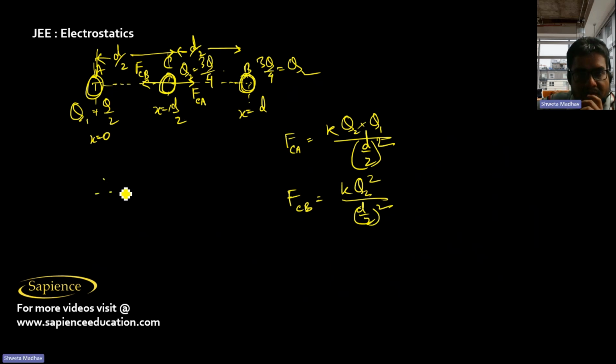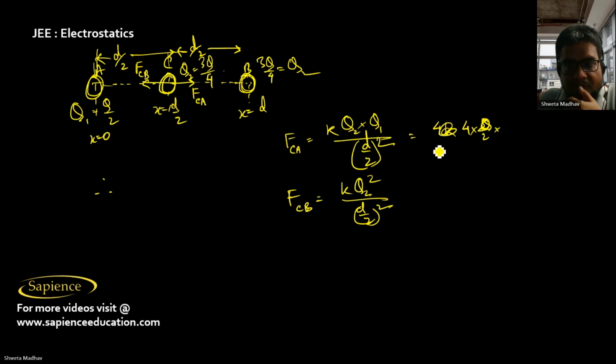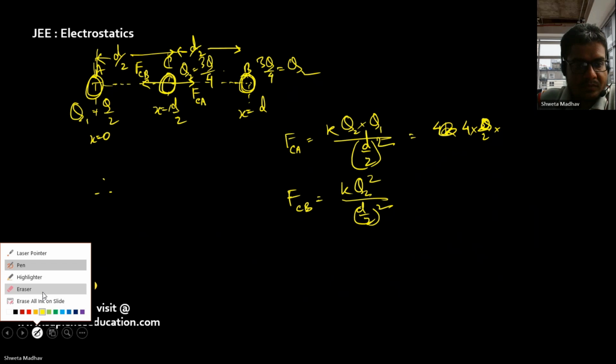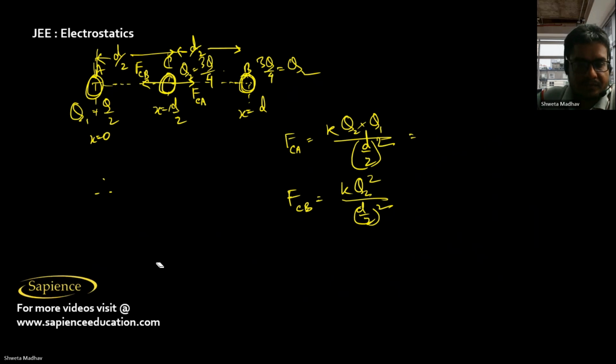So therefore the net force, so now this will be equal to 4k into Q1 Q2. Q1 is Q by 2. So this is 1 by 4 pi epsilon naught into 4 by d square into Q1 Q2. Q1 is Q by 2 and Q2 is 3Q by 4.